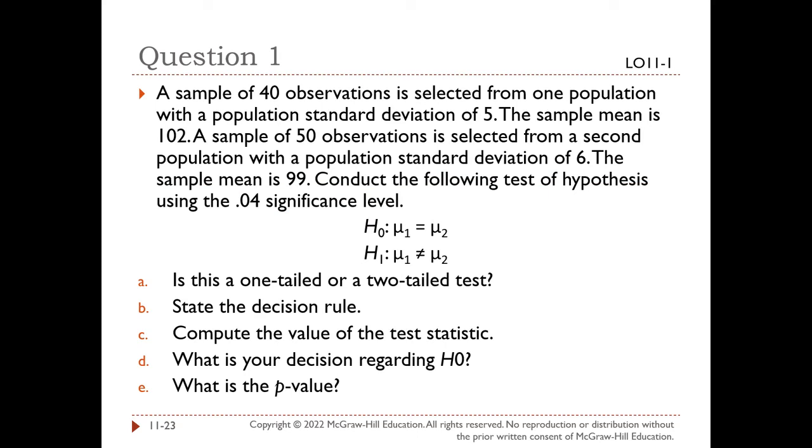A sample of 50 observations is selected from a second population with a population standard deviation of 6. The sample mean is 99. Conduct the following test of hypothesis using the 0.04 significance level. Okay, so right away, we know this is a two-tailed test.